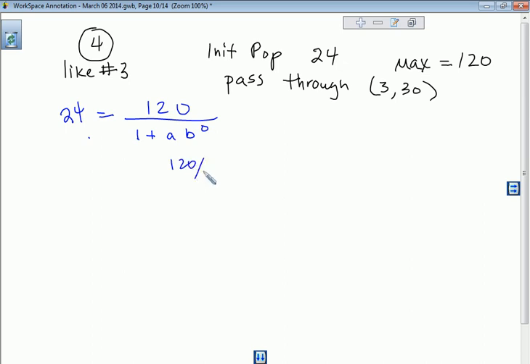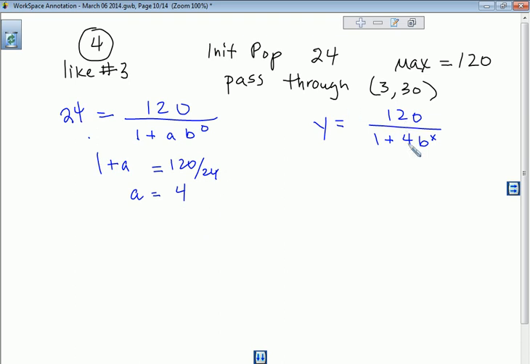So 120 divided by 24 is equal to 1 plus A. 5 minus 1 is 4. Okay, does it make sense how we got 4? Great.